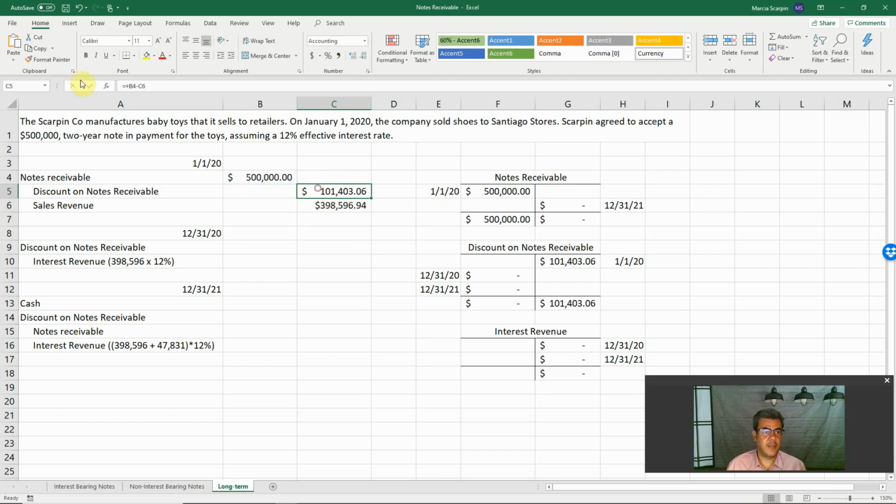Okay, and let's work with the same format here. December 31st. So we have our first interest revenue. How much will be our first interest revenue? 398 times 12%.